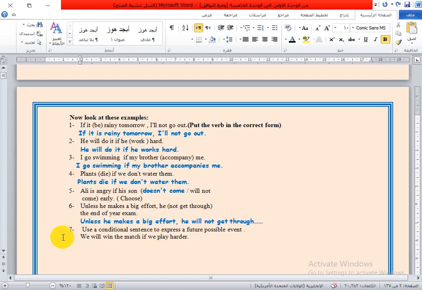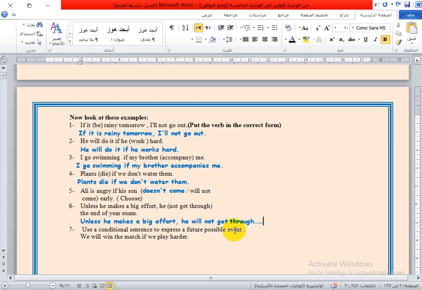Another way of asking: use a conditional sentence to express a future possible event. Because we want to express a future possible event, not facts, we must use the first conditional type.